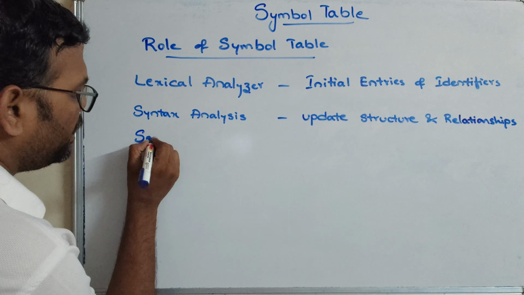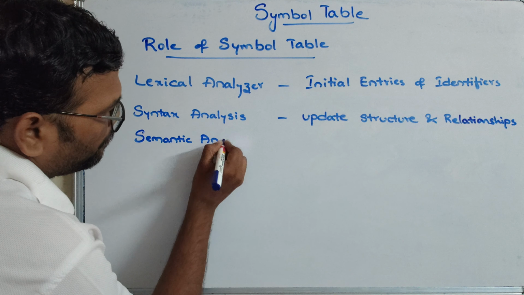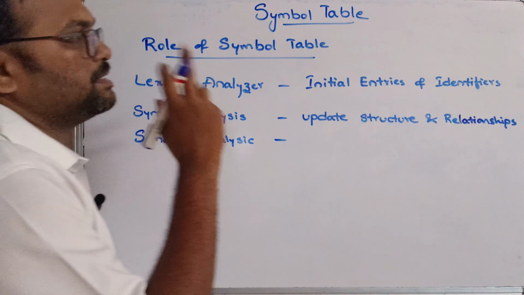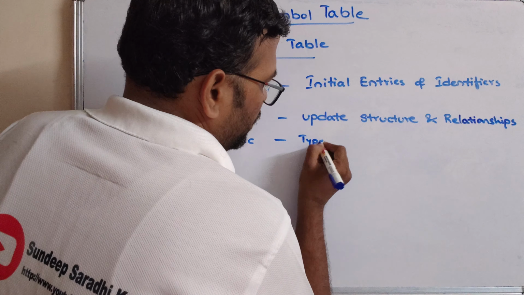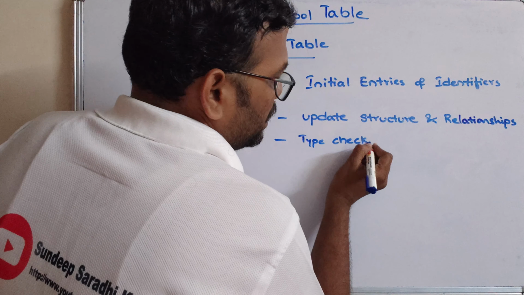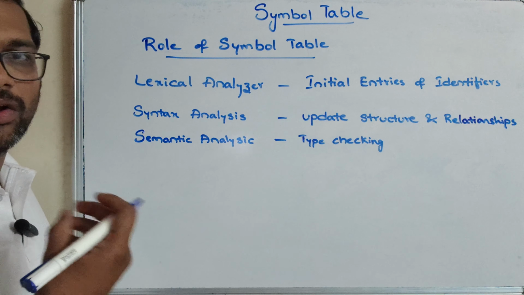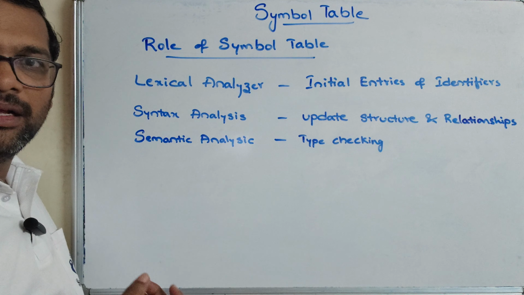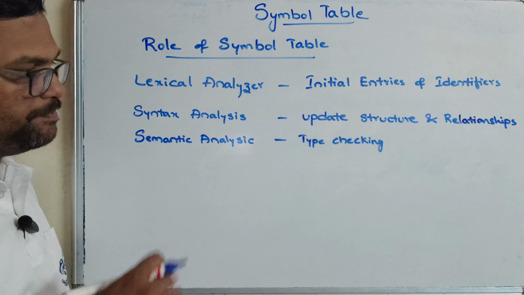And coming to semantic analysis, the role of the symbol table is type checking. It will check all the type information, such as whether all the variables have been declared or not. If there are any undeclared variables, then immediately an error will be raised.